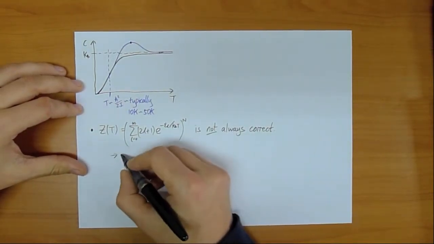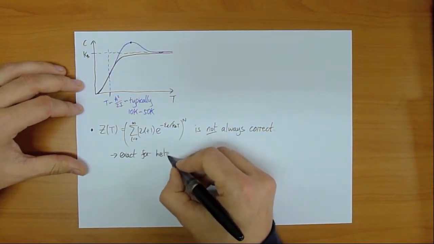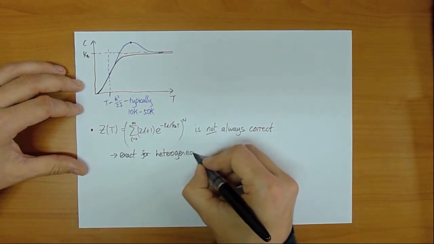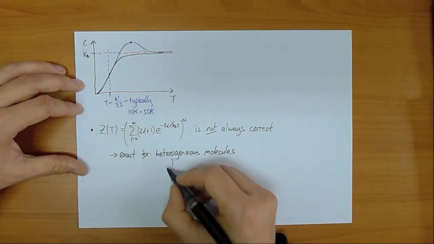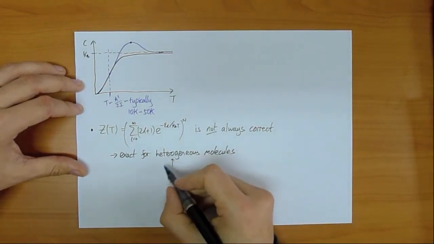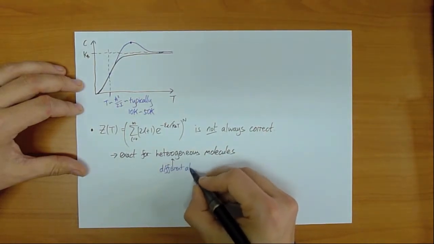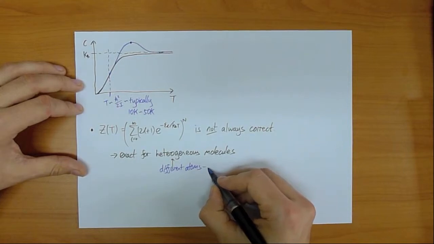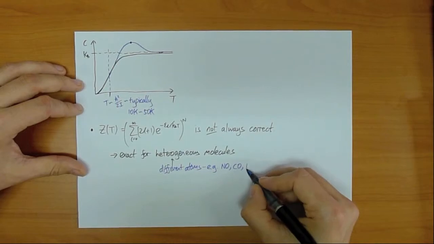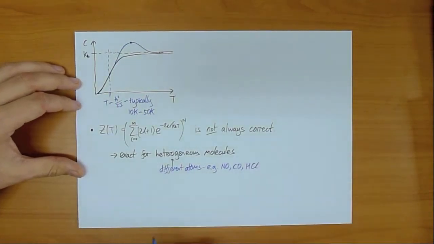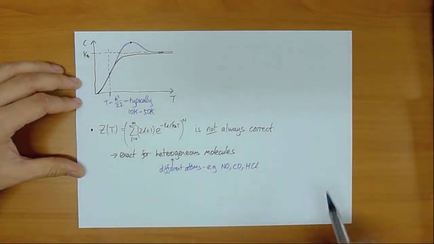So this is exact for heterogeneous molecules, meaning they have different atoms. For example, something like nitrous oxide, carbon monoxide, hydrogen chloride. You will see that this sum is right, and you will see the heat capacity looking like this blue line here.